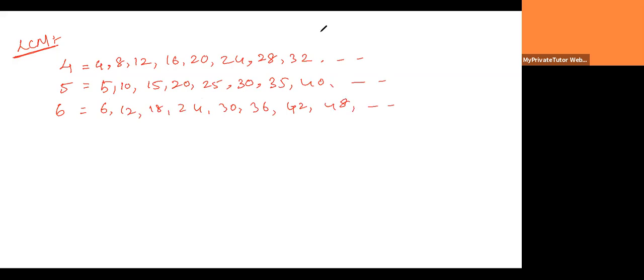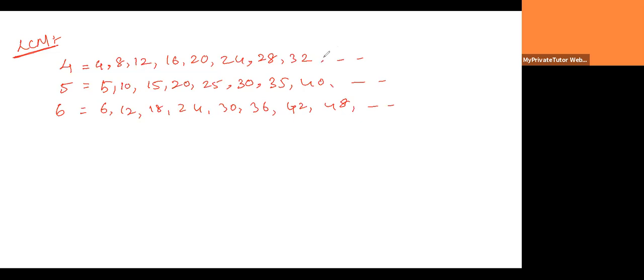So do we have any common multiples of these three numbers? I don't think so, right? We don't have any. We have a 20 in these two, but not in 6. We have a 24 in these two, not in this. So we haven't found any, right? So which means we need to go on with the multiples until we get that.